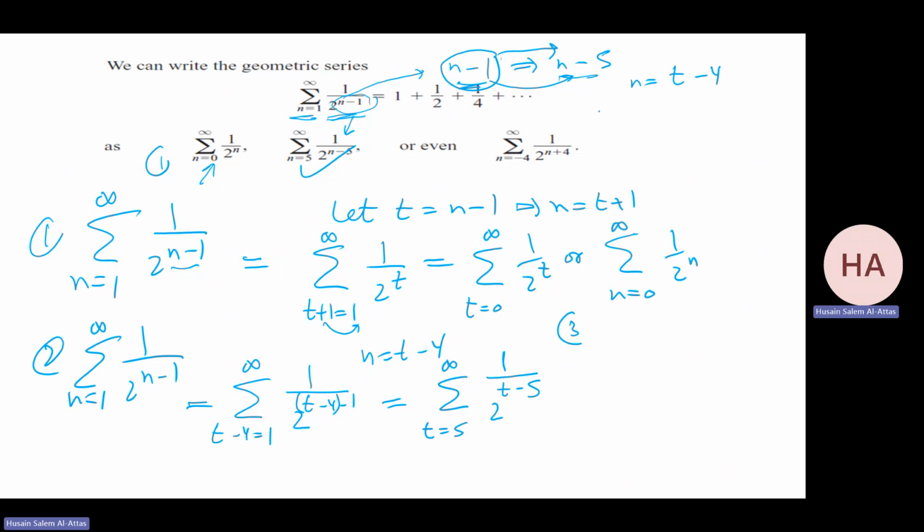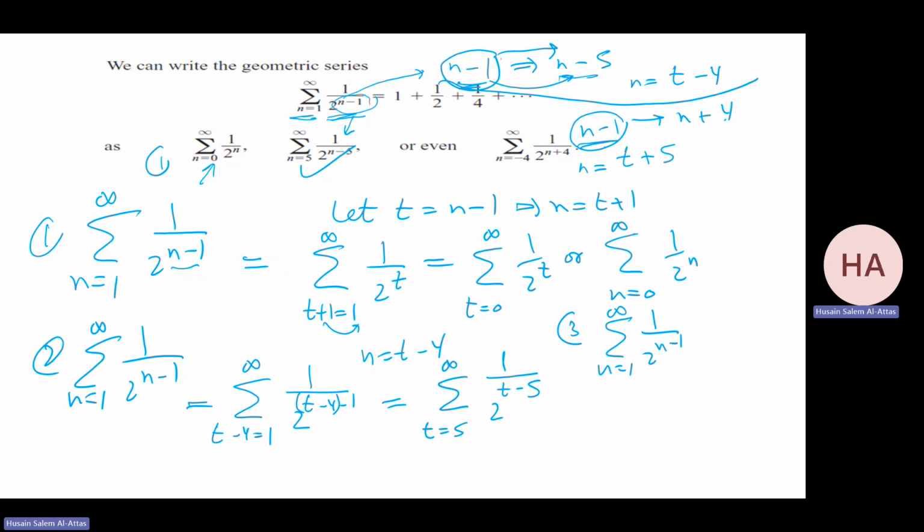Now let me do the third one. I have n minus 1, and I want to take it to n plus 4. So I will add what to here? To make it n plus 4, I have t plus 5. So I'll make n equal t plus 5. That will change this to this. The third one, I have summation n equal 1 to infinity, 1 over 2 to the n minus 1.